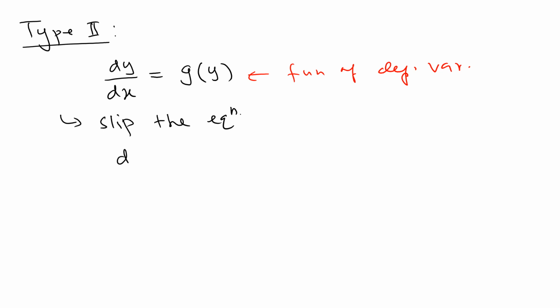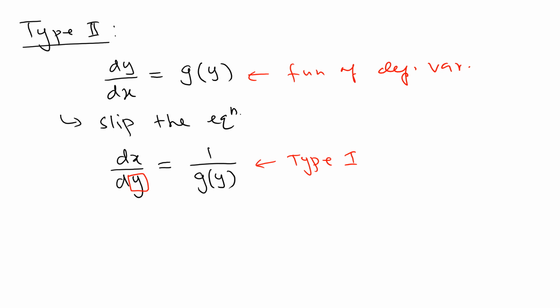When you flip the equation, you can bring this to type 1. So when you flip, you get dx over dy, and on the other side 1 over g(y). And now you can see this is again type 1, with the independent variable being y now. So just do the same thing as you did before.